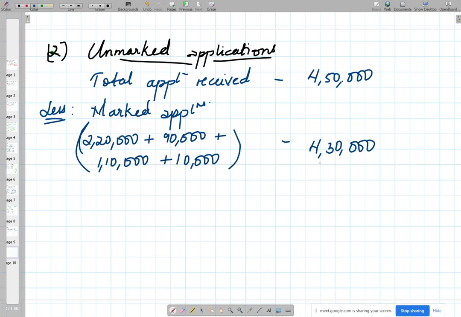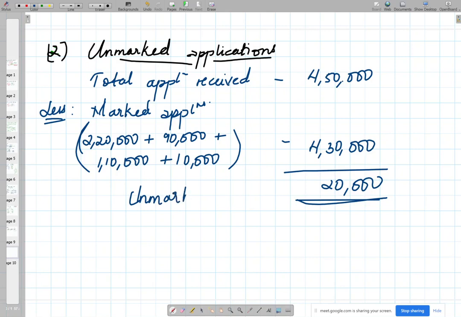So if total 4,50,000 share applications were received, and out of that 4,30,000 turned out to be marked applications, which means remaining 20,000 only were unmarked. These came directly to the company. Underwriters did not help in selling them. Okay, directly to the company. So 20,000.